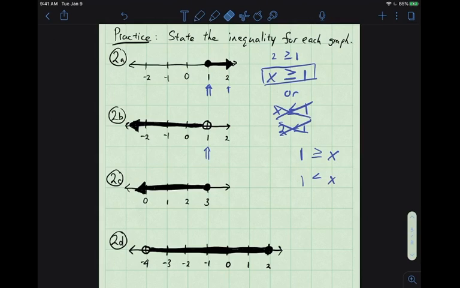Notice it's an empty circle, so it's not equal to. It's one of these 2 answers. So we see that 0 is part of the answer. So is 1 greater than 0? Or is 1 less than 0? We see that it has to be this one that's true, not this one down here.